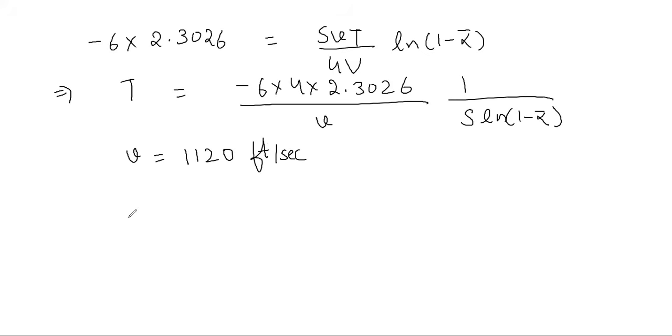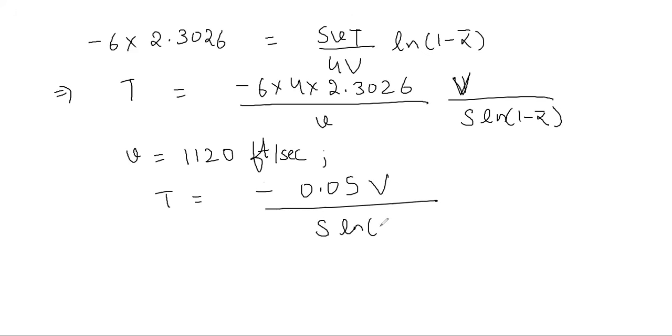If you plug in, there has to be volume here also, right? We forgot this volume term. So we have to keep 4 times volume there. So if you plug in this value of velocity here, you will get T equal to minus 0.05 V upon S times ln of 1 minus alpha bar.